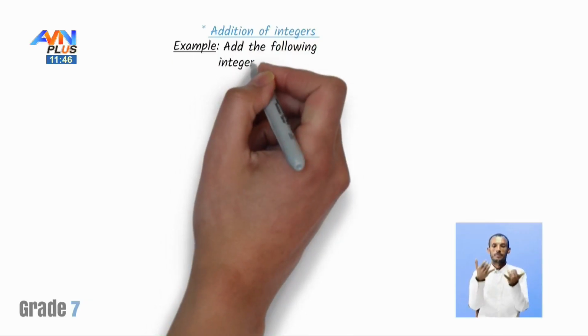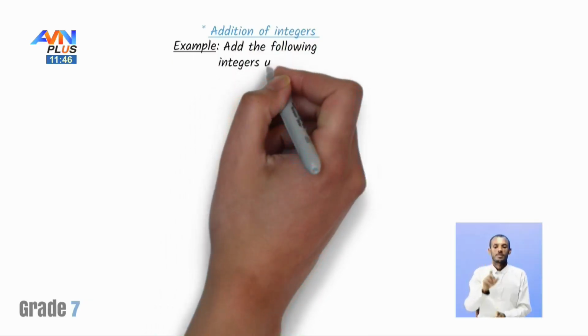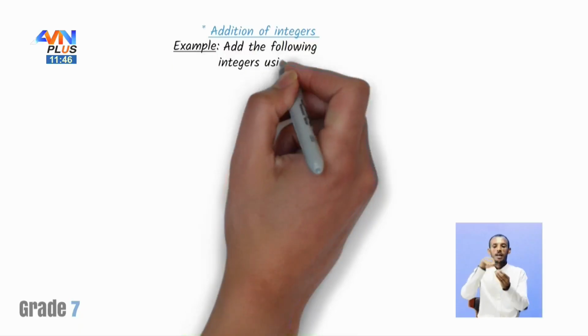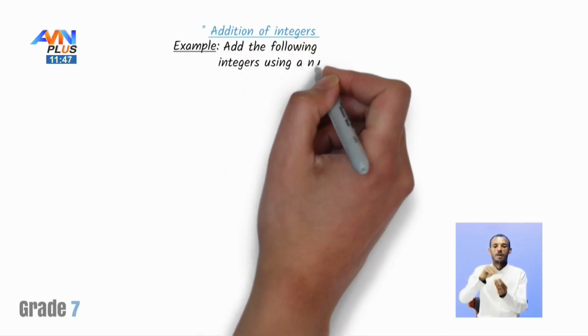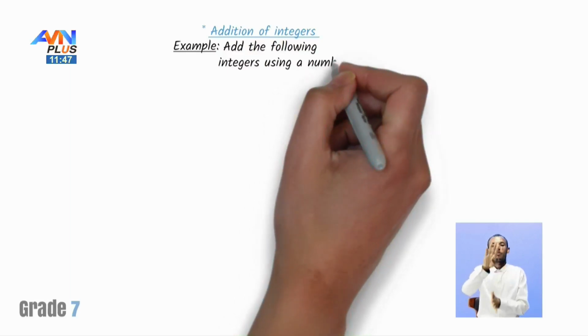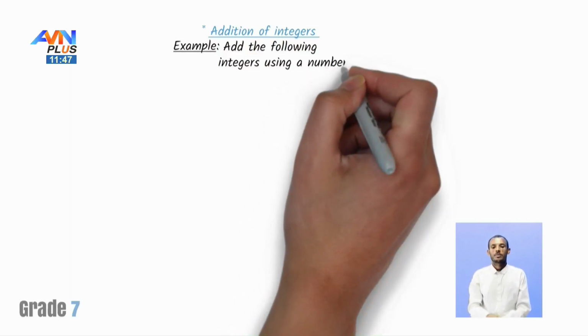Now, the first question, let's add these two numbers, 3 plus -4. Let's add these two using a number line.